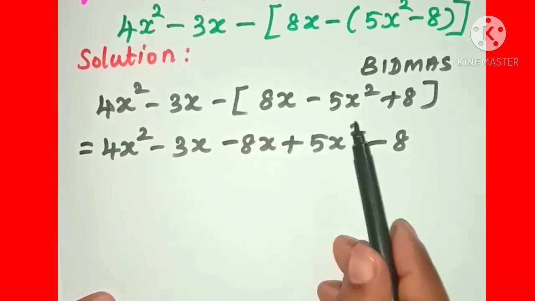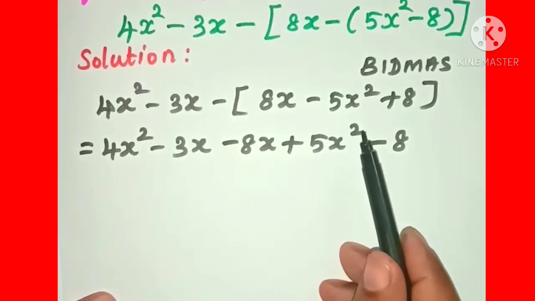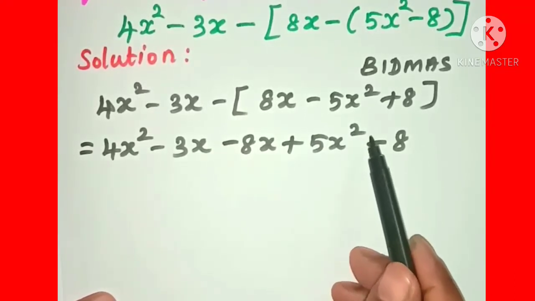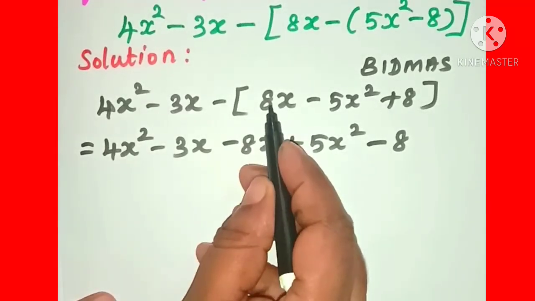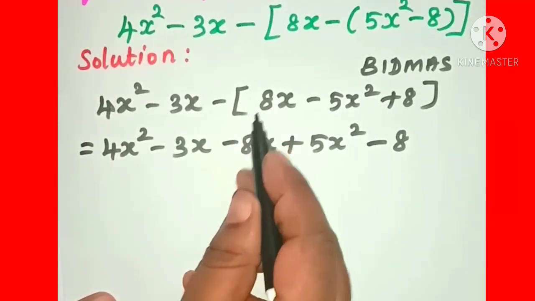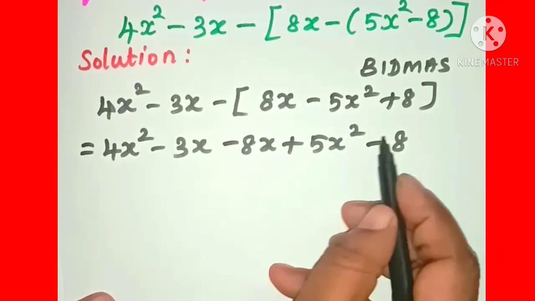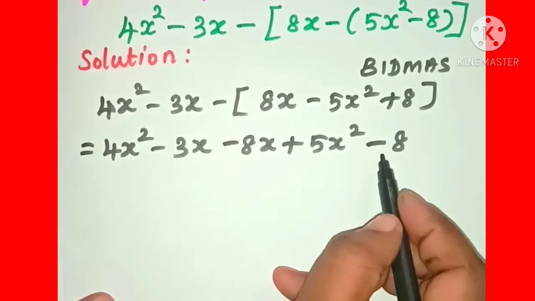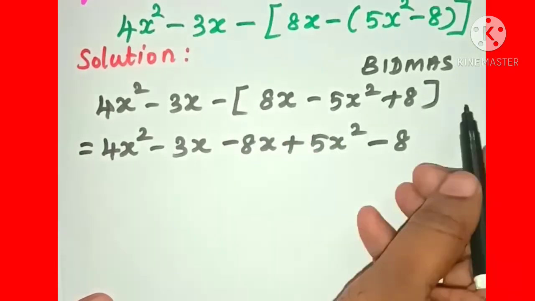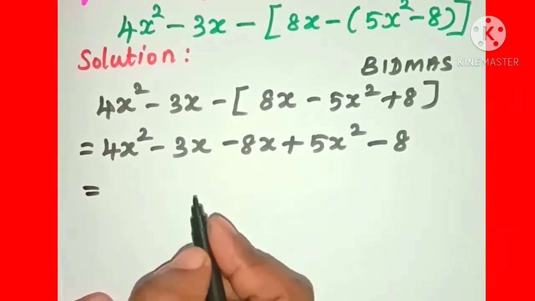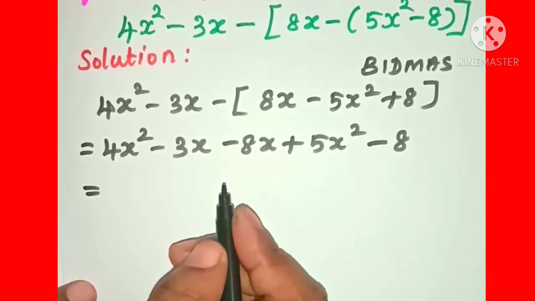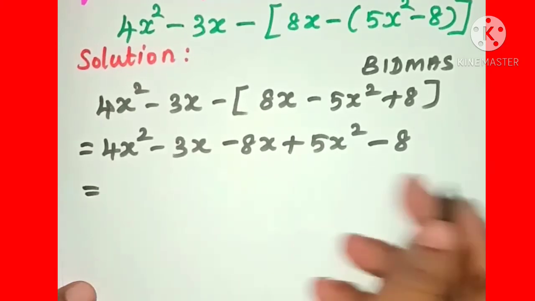The brackets can be removed by changing the sign of every term inside the bracket. So that is plus becomes minus 8x, minus 5x square becomes plus 5x square and plus 8 becomes minus 8 and remove the brackets.